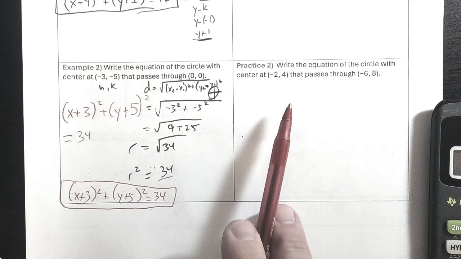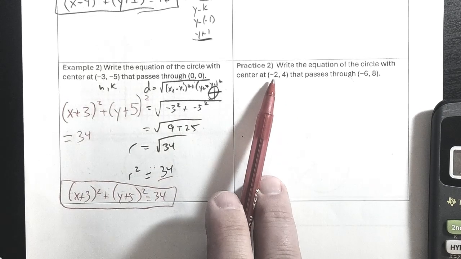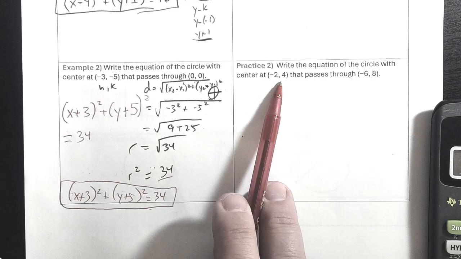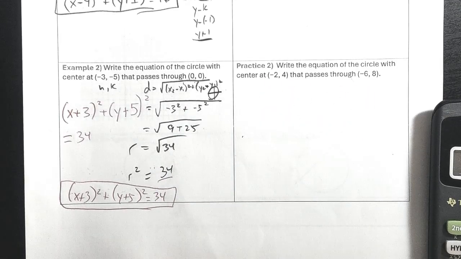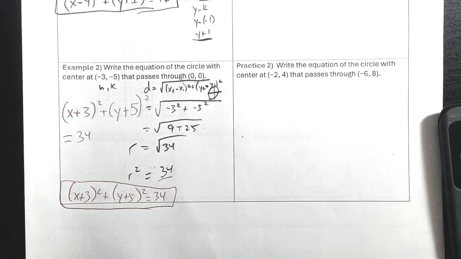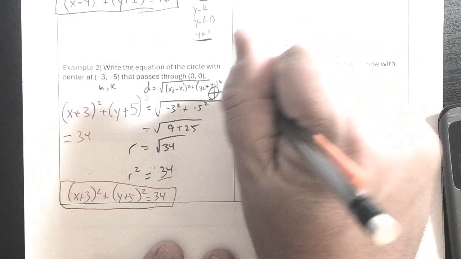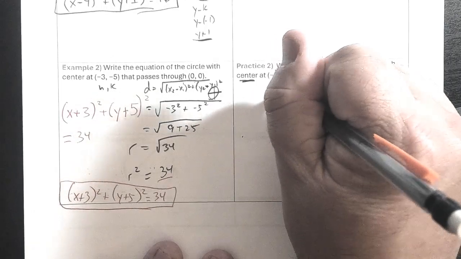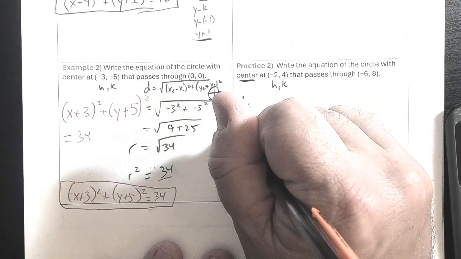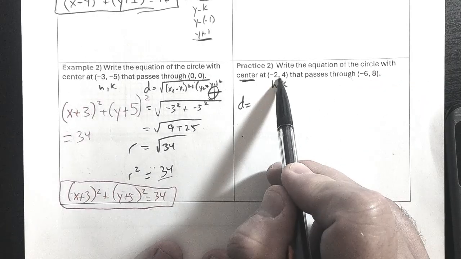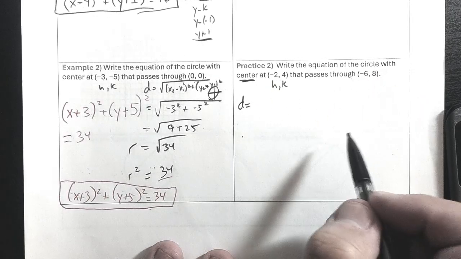You're going to do the same thing over here, a little different, because in this case the point it passes through, neither one of these is 0. So I'm going to help you set this up. Again, your center, this is your h, this is your k. You're going to use the distance formula to find your radius, because from the center to here, that is the radius.